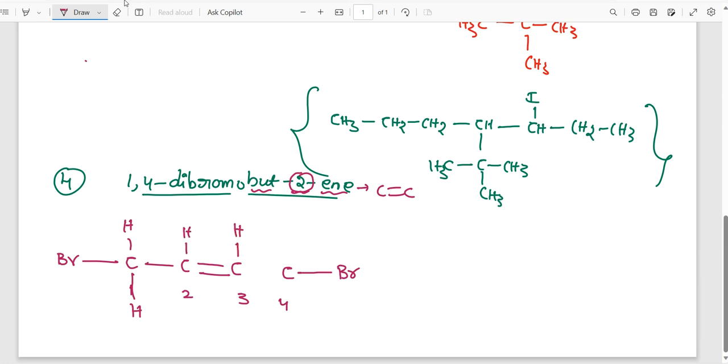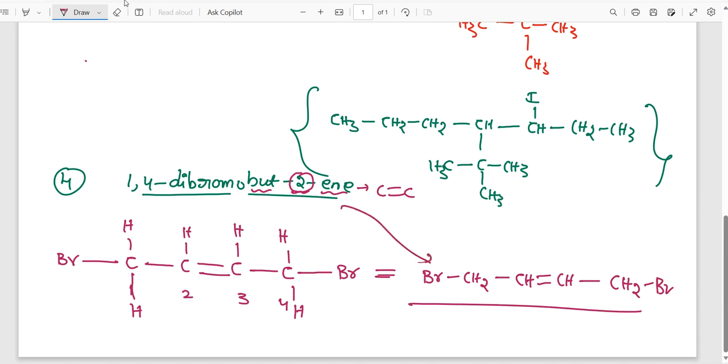Here also one hydrogen. Here the valency of carbon is satisfied by two hydrogens. So the overall structure is Br bond CH2 bond CH double bond CH bond CH2 Br. So this is the overall structure of 1,4 dibromo butadiene. I hope this concept is clear to you.